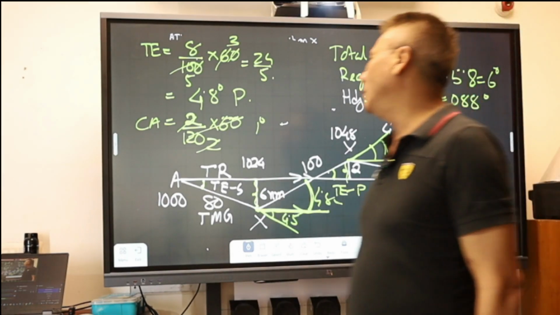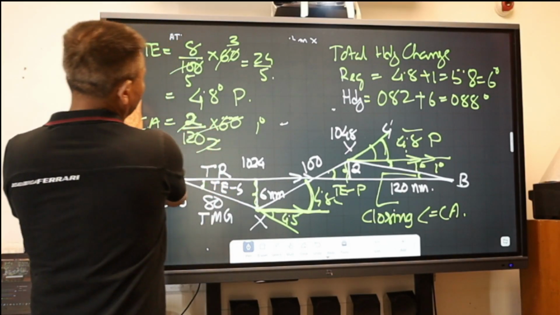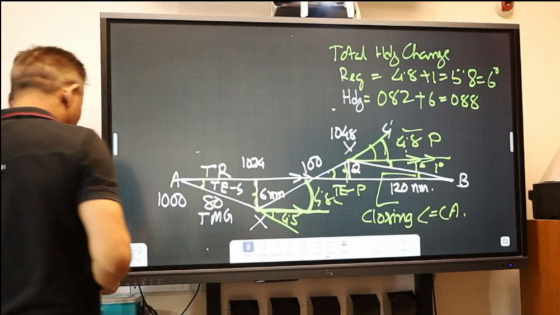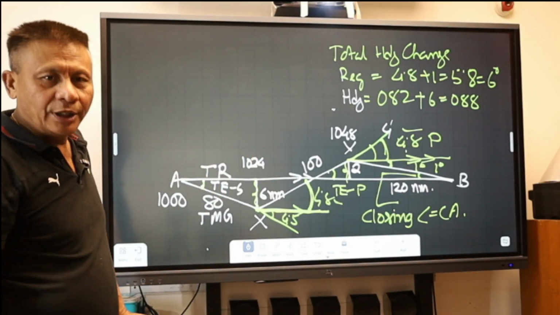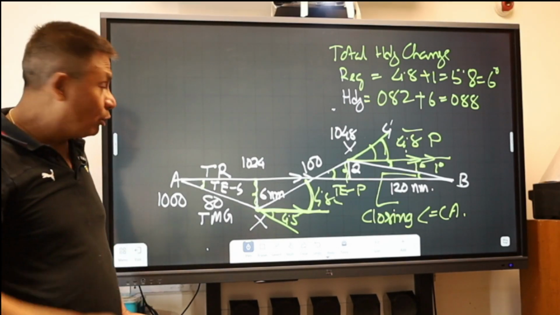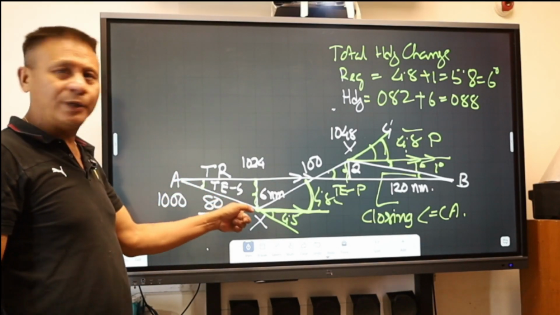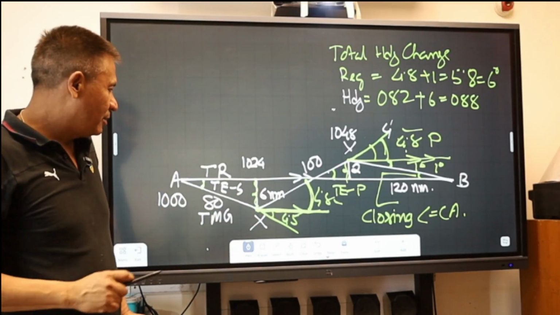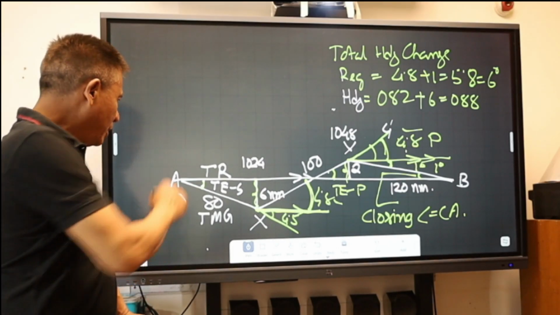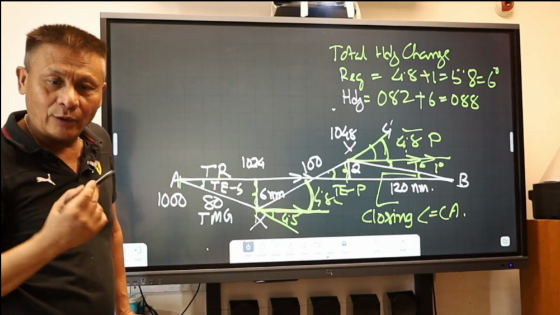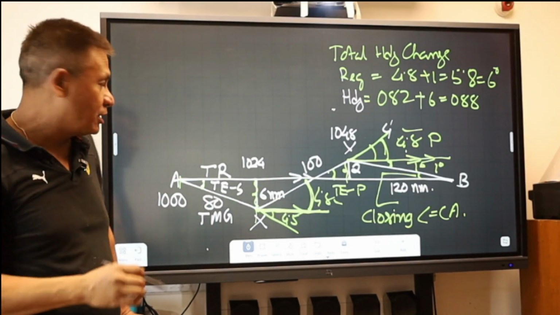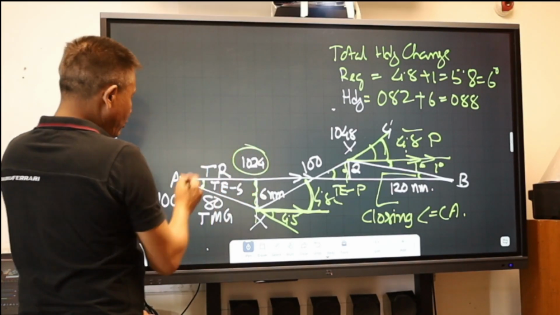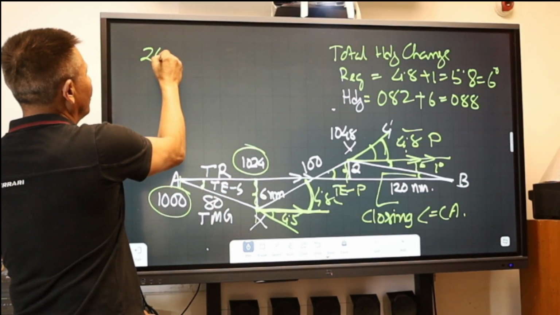Now let's find out the time of arrival, for which I will rub this off. Now let us calculate the time of arrival. Here once again, I am not required to find out the ground speed in this leg because this is already passed. However, for your practice, I will let you calculate the ground speed from here to here, which is not required to solve the question. I repeat, this is given just for practice. The time difference between this and this is 24 minutes.